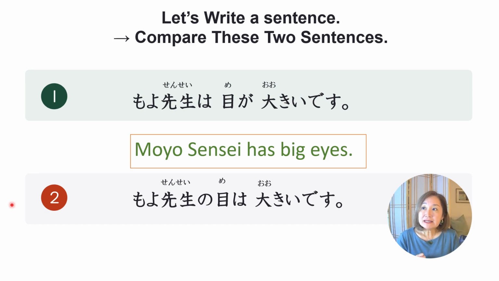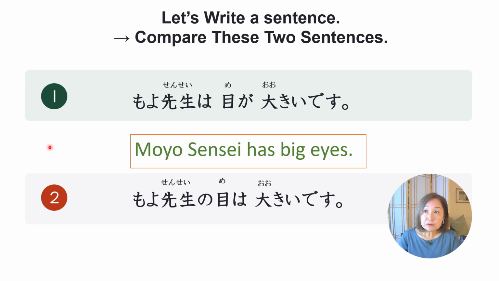So when you're making a sentence, ask yourself, who or what am I talking about? That decides what takes は. And here's the thing, when you describe how a person looks, you're almost always talking about the person, not about their eyes or their hair or their hands.